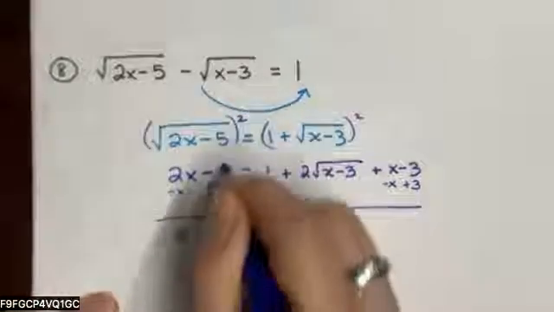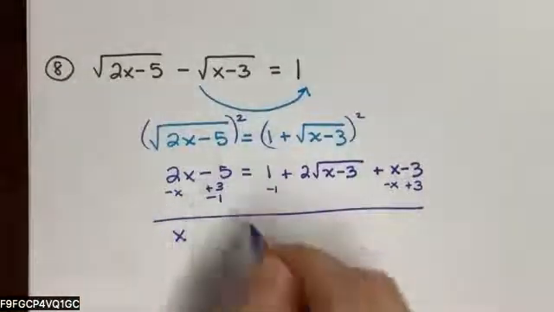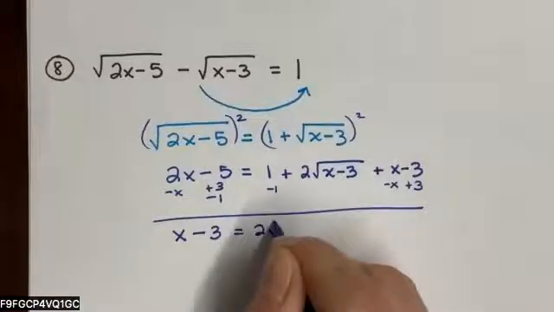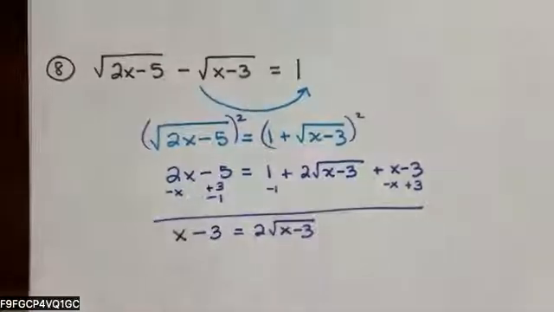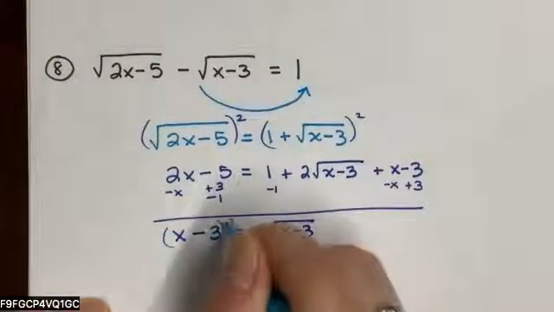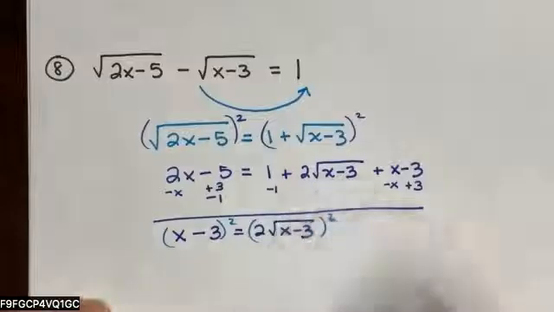So I get x, and that's going to be -3. Now, because x minus 3 does not divide nicely by 2, I'm going to go ahead and square right now.